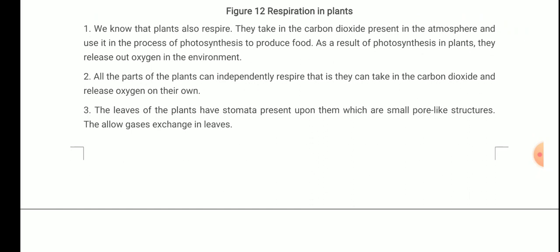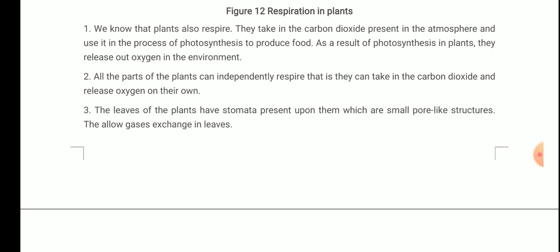They also need oxygen. All the parts of the plants can independently respire, that is, they can take in carbon dioxide and release oxygen on their own.